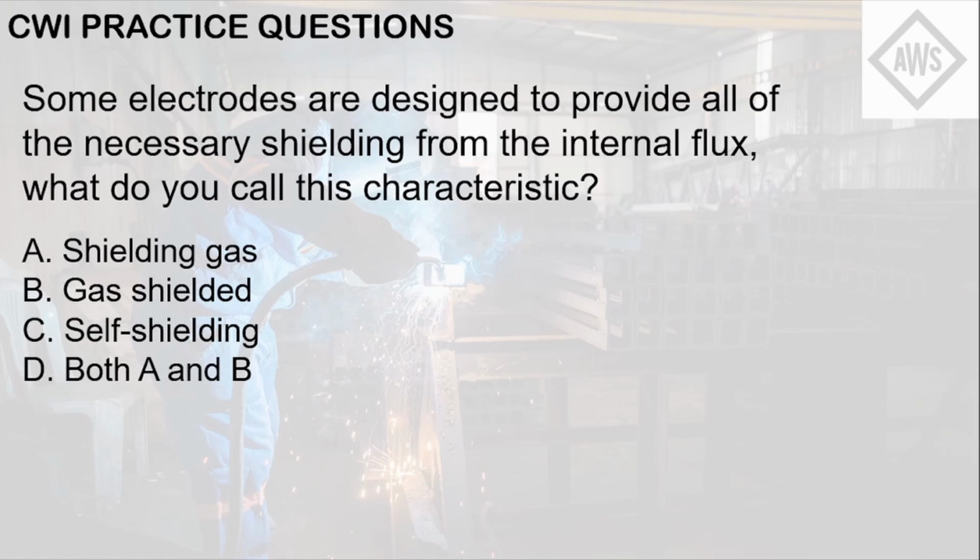The tubular electrode has internal flux inside, which produces the self-shielding characteristics, basically the shielding gas or smoke around the weld pool, similar to SMAW. So the answer here is letter C, self-shielding.